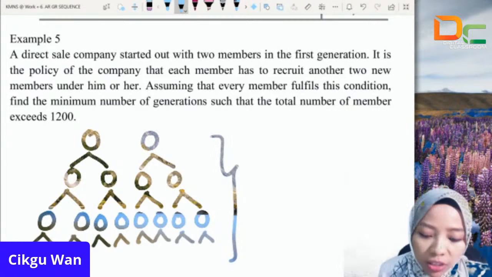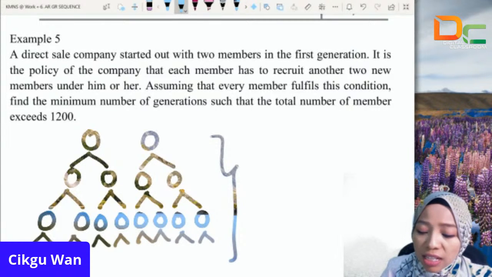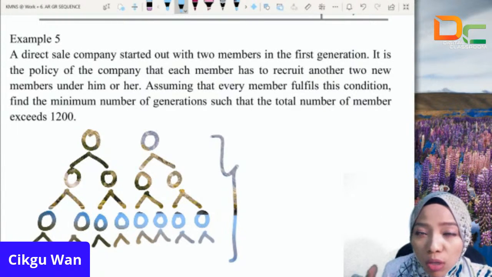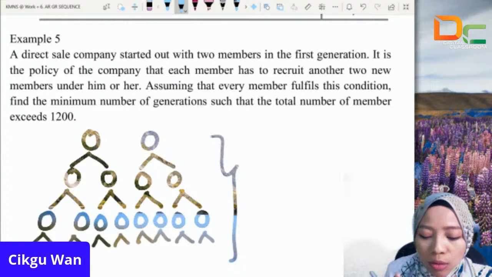Find the minimum number of generations such that the total number of members exceeds 1200. So what do you expect? Tn, the nth term? The question asks which generation, the 7th generation? Or do they want everything? They want the total of all.